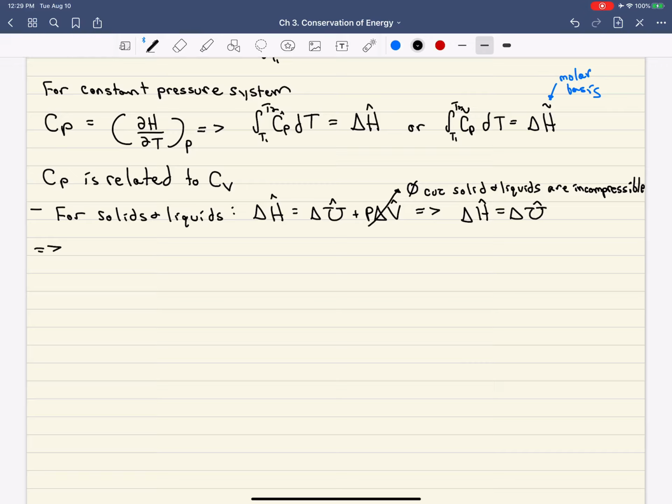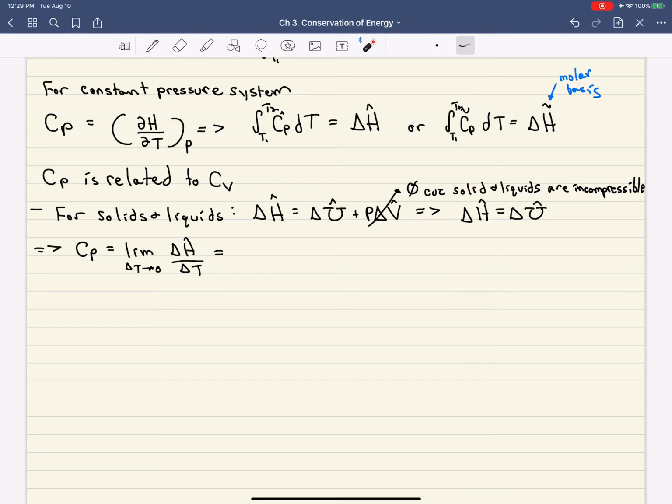And we know from our definitions of the heat capacity that Cp is equal to the limit as delta T goes to 0 of delta H over delta T. Right?